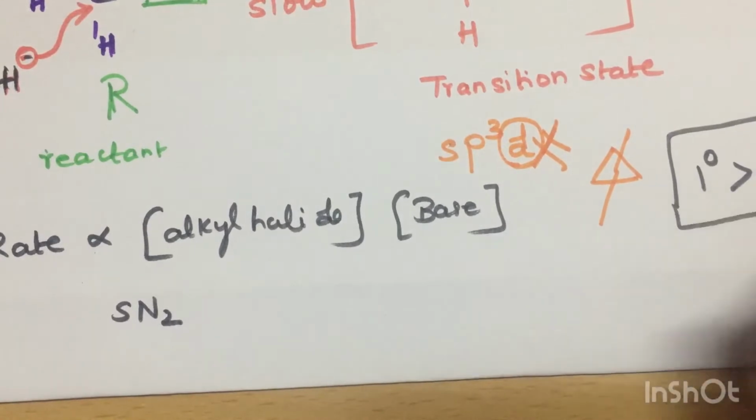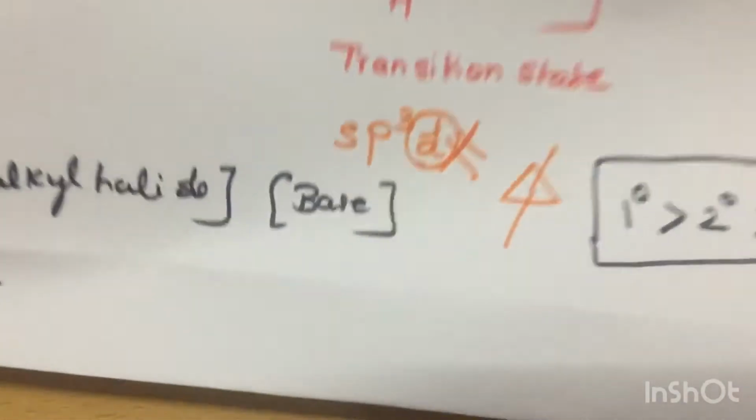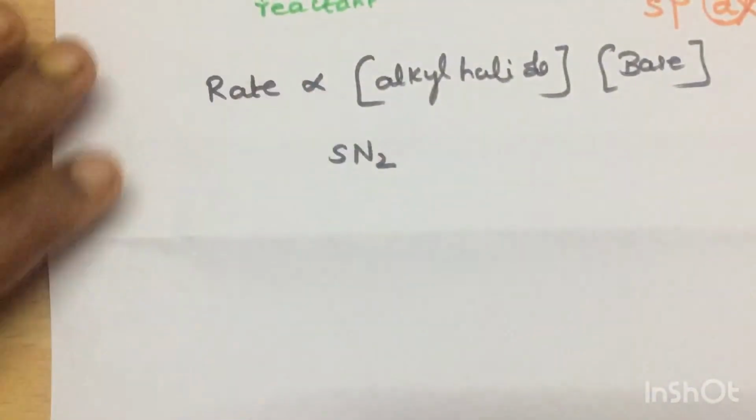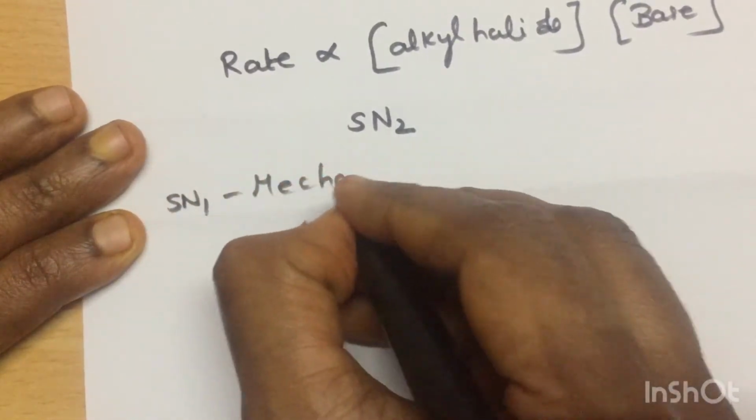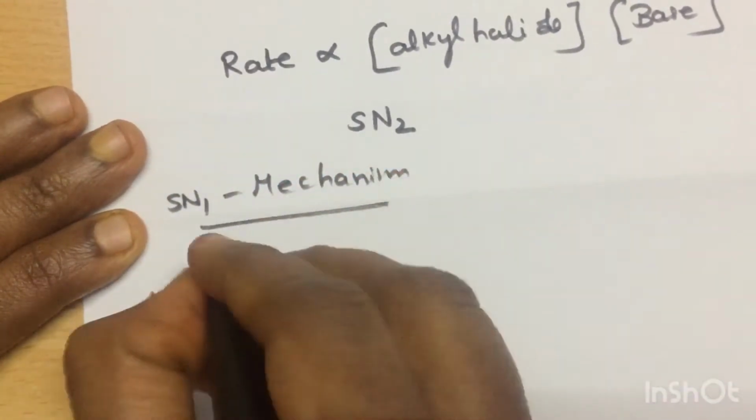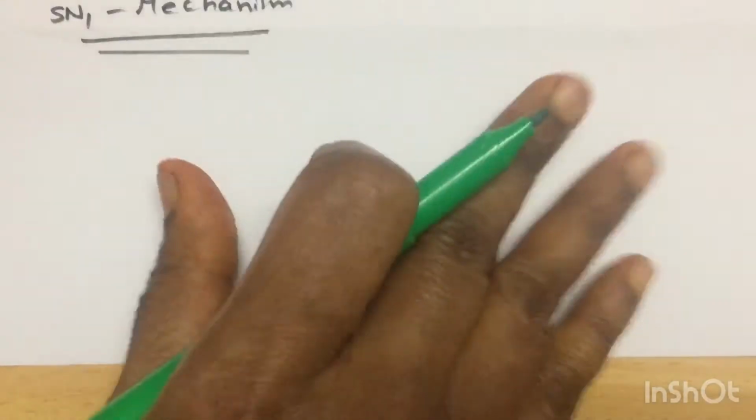Okay, so this is what you need to remember for SN2 mechanism. Your primary alkyl halide, then comes your secondary, and then comes your tertiary. When coming to SN1 mechanism, I am going to take this one as the example.